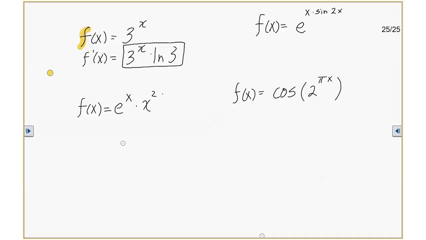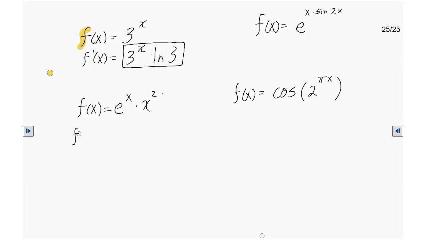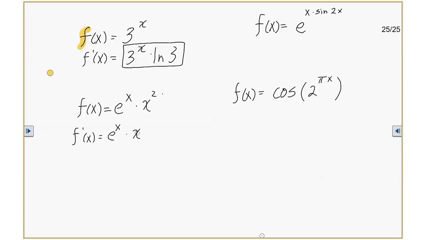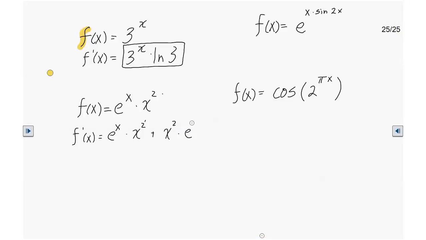Okay, this one's going to be product rule: first times the derivative of the second, plus the second times the derivative of the first.